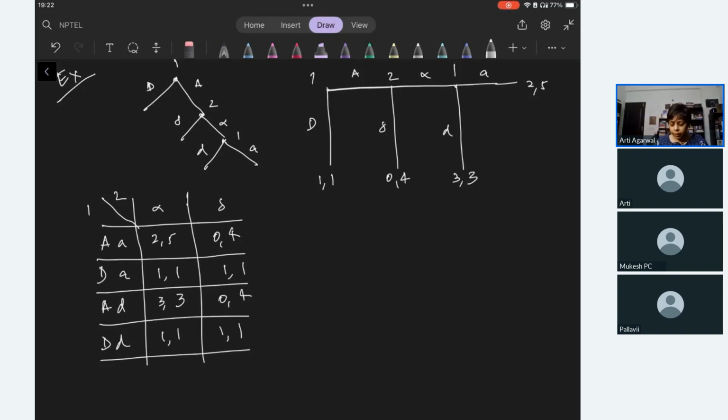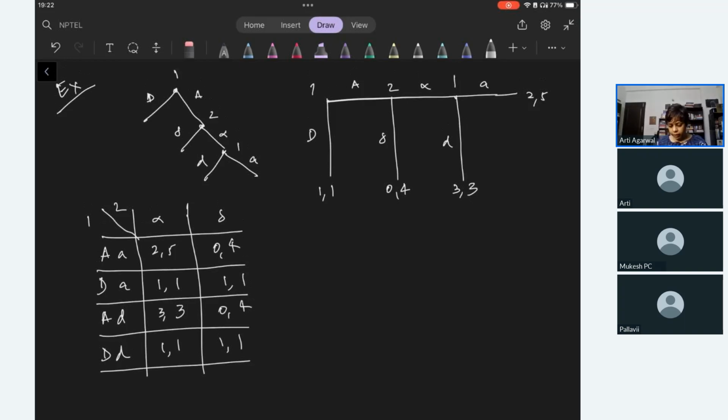That's why I try to bring slightly different types of questions so that you have a little bit more practice. A, D, delta. Okay. Yes. So in A and D, sorry, what did you say? A, D, delta.